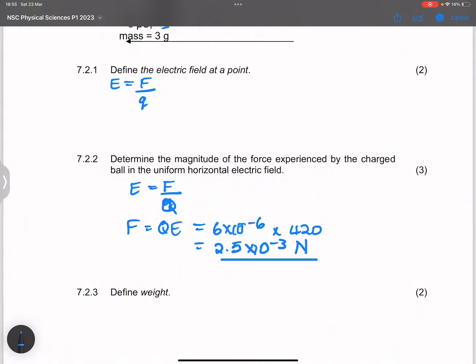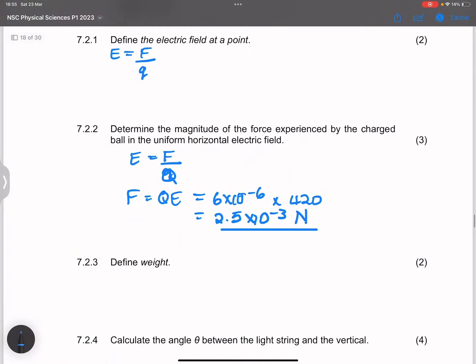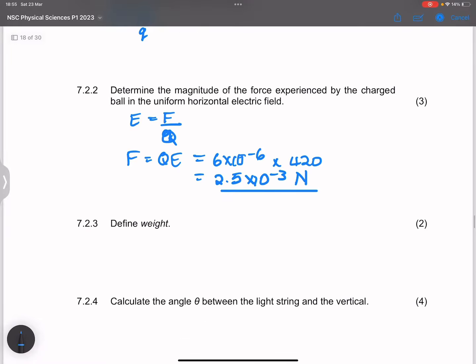And then the next question, they say define weight. So what is weight? It is a force that the earth exerts on an object, or it is the force of attraction that the earth exerts on an object. I don't know if there's any other better explanation of what weight is. But there it is right there.